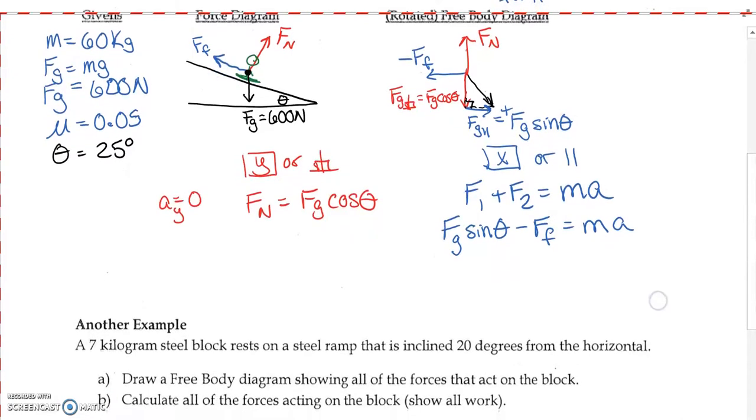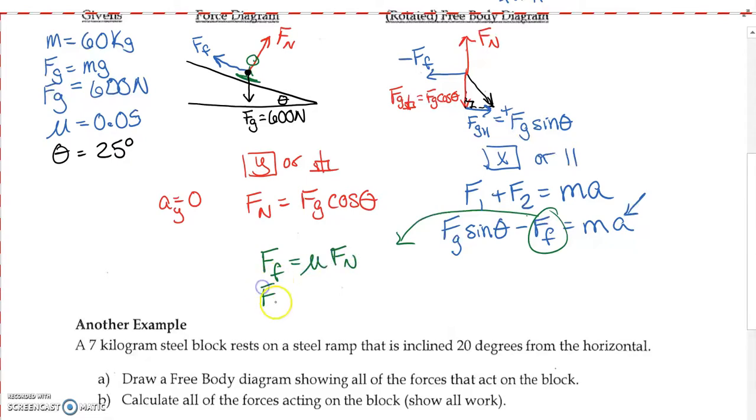So we need to figure out all these things in order to ultimately get at the acceleration. Well, conveniently we know Fg, we know sine theta, and we know cosine theta, and we could probably find Ff by saying Ff equals mu Fn. So let's just do a little aside here. Ff equals mu Fn.